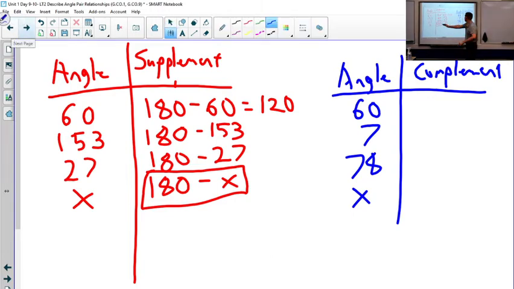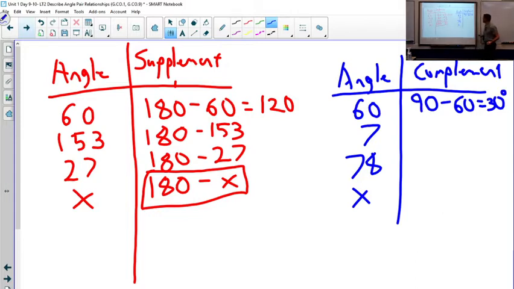So let's move over here to complement. The complement of an angle. The only difference here is that complement this time means that I add things to 90 instead. So if I have 60, then the complement of 60 is 30, because 30 plus 60 adds to 90. So the complement is going to be 90 minus 60, which is 30.